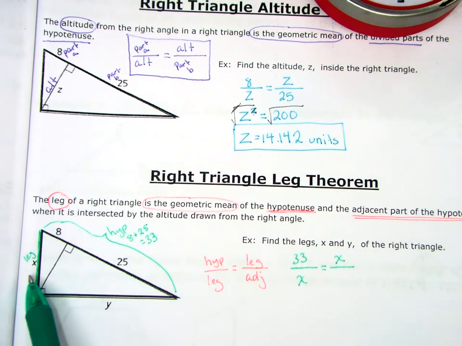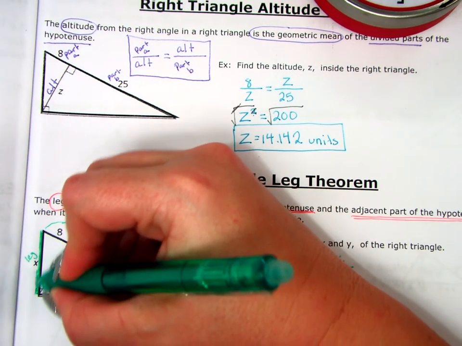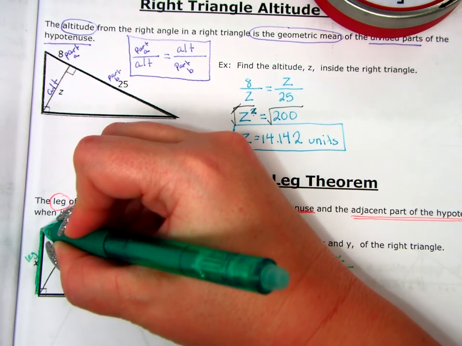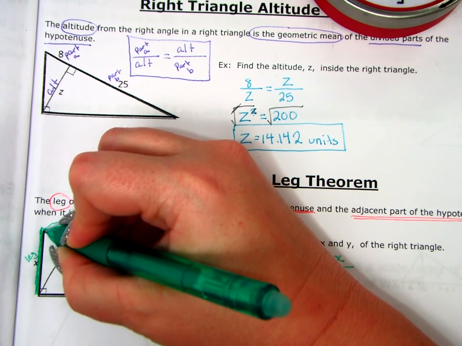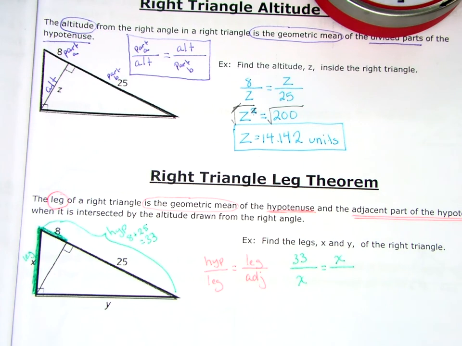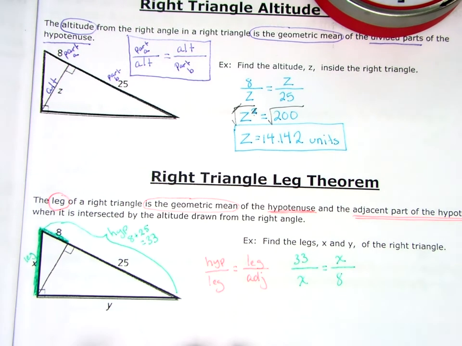So when I look at these two parts, 8 and 25, which one is next to this leg? The 8. And it's really easy if you highlight them, or if you color them, to see which one is adjacent. It's going to be the one that touches it. That's the one that's adjacent. It's like they're holding hands because they're best friends. Okay? So the 8 is the adjacent part.